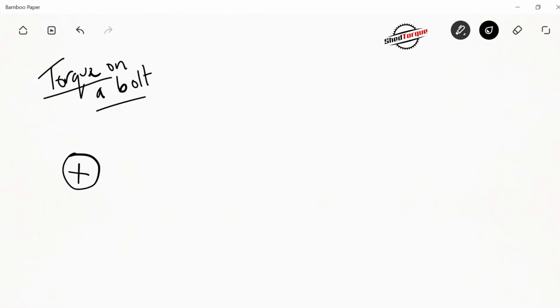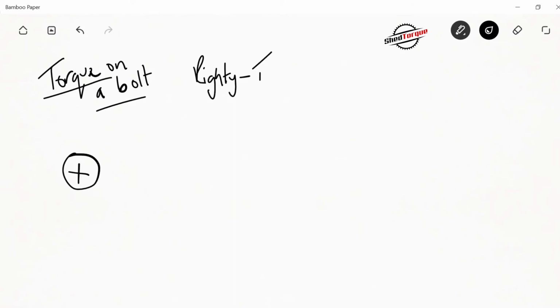So there's an expression that we use to indicate whether we're going to tighten that bolt or that screw, that everybody knows. We do need to just go through it, because this is how it's applied.